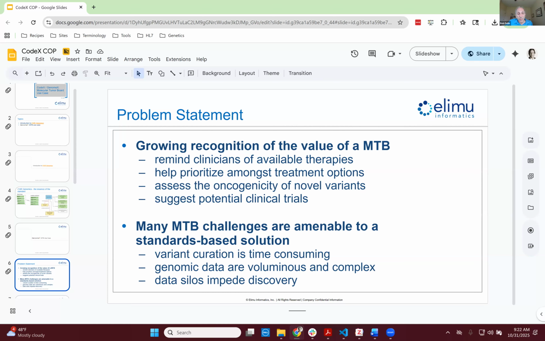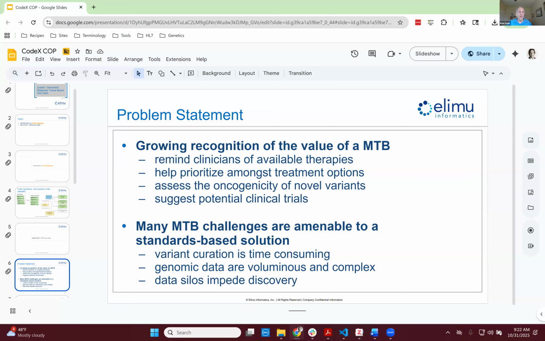And when you look at what folks are trying to do, and when you look at what Yuri's trying to do, you realize that in this use case, we're not trying to build a molecular tumor board. We're not trying to build variant annotation pipelines, but really what we're trying to do is say across all of the efforts towards developing molecular tumor boards, what of those problems are amenable to a standards-based solution?